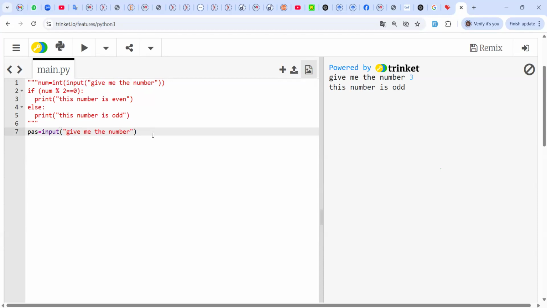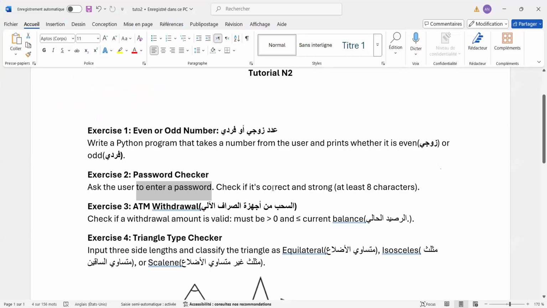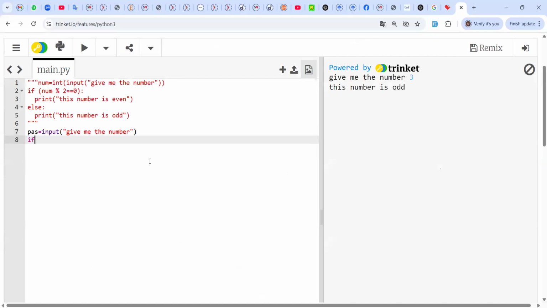And then he asks, check if it is correct, and check if it is a strong password. So here we have to ask if pass is equal to, for example, let's give him a password like Python 123.